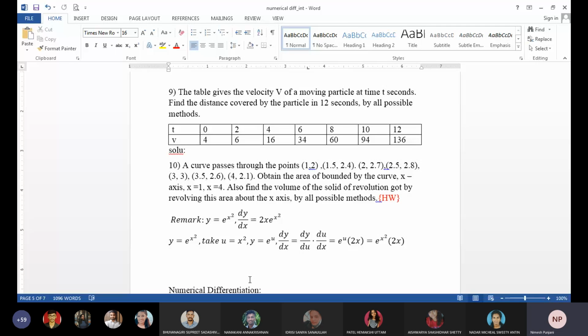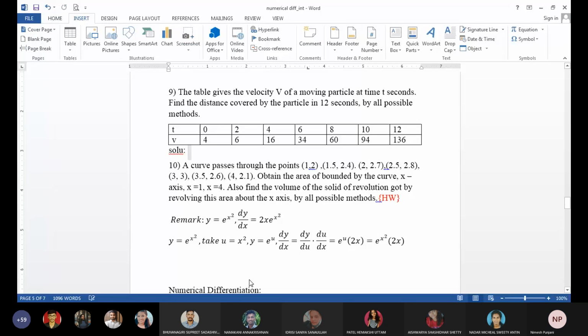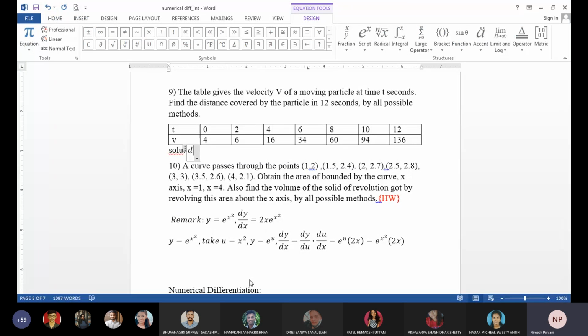So how will you do it? First you tell me that we have to find distance. Okay, distance has to be found. And then we will see A, B and what else. Velocity is given and time is given.